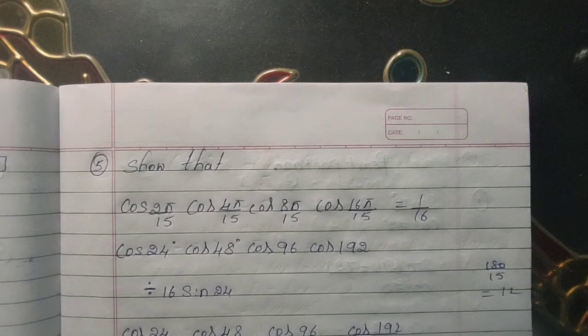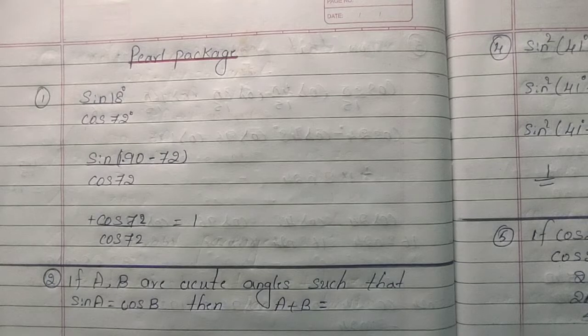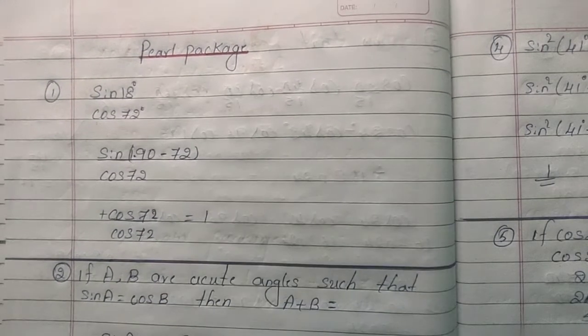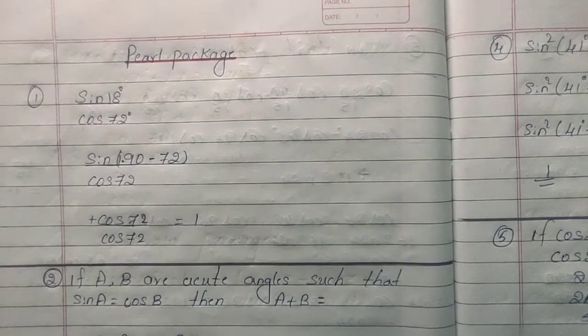That is there in the multiples and submultiples after 2 more aims. When we go to that aim, you may understand this question, so I am skipping this question. When I complete that formula, I will come back and show you how to show that. Now let's go to the PRL package.